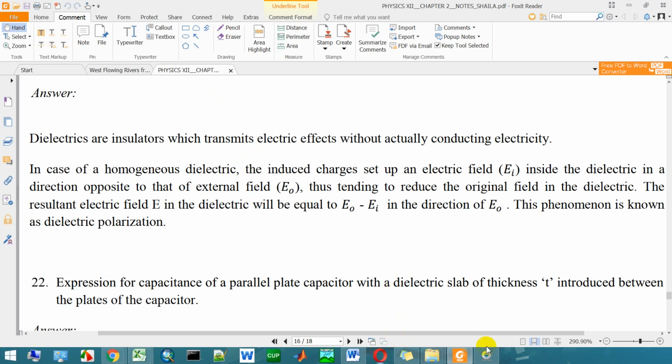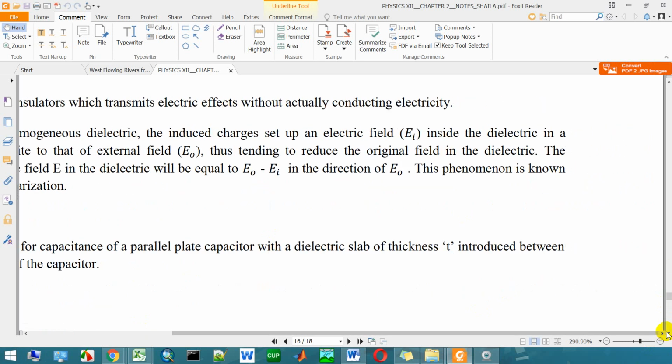Since we have to prove this particular case also, that is why we should know what is dielectric and dielectric polarization.